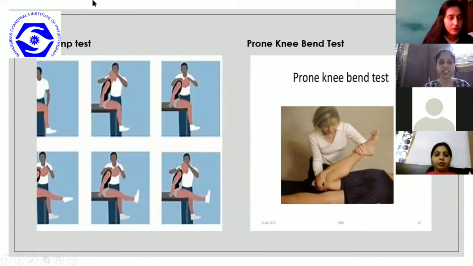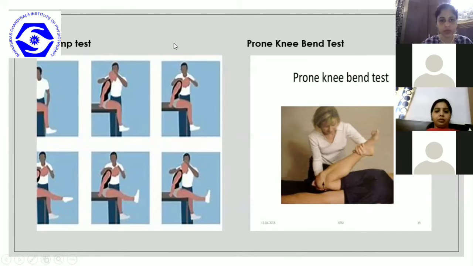So, prone knee testing. You can see this is the prone lying position. Again, one hand of the therapist is below the knee and one is holding the ankle, and this flexion position should be maintained for 45 seconds. If the patient does not feel any aggravating pain or any symptoms are provoked, then extend the hip.